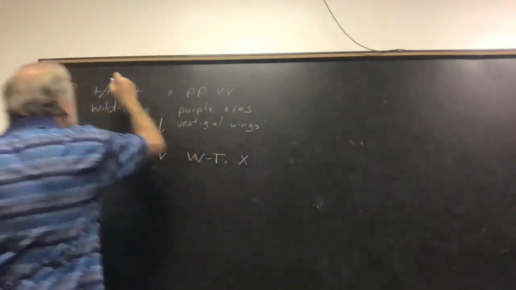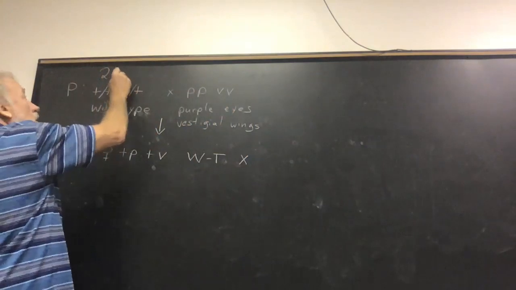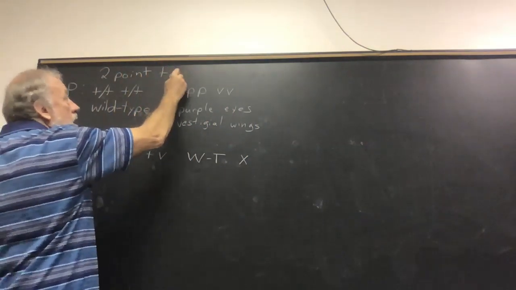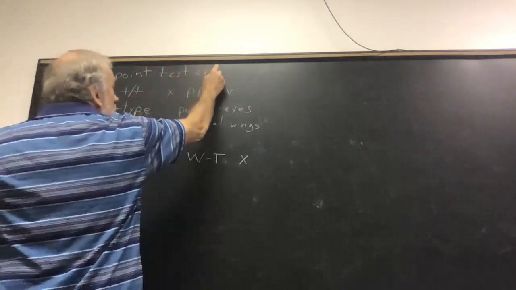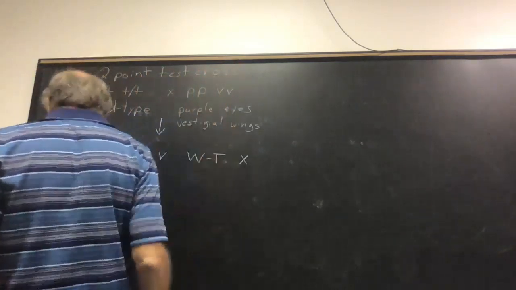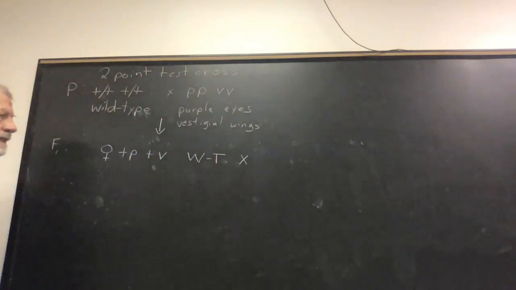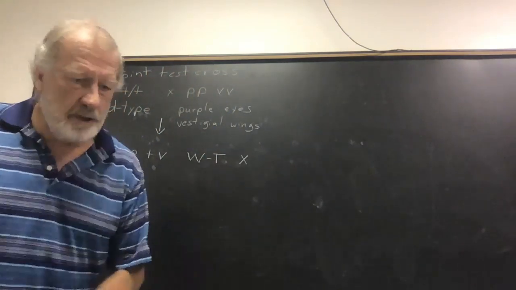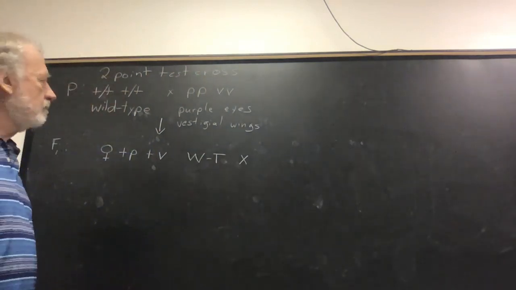By the way, these are called 2-point test crosses, 2-point meaning 2 genes. There are also 3-point ones, but we're not going to do those this semester.